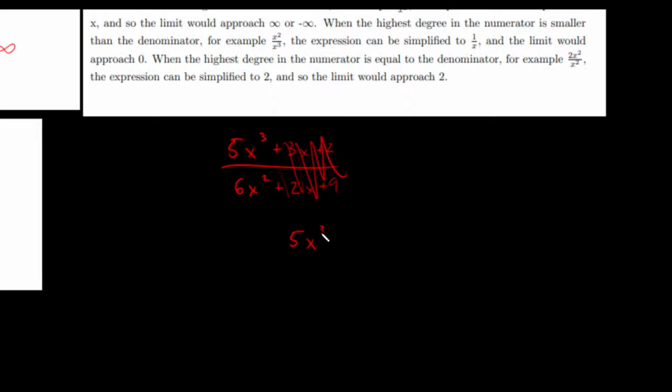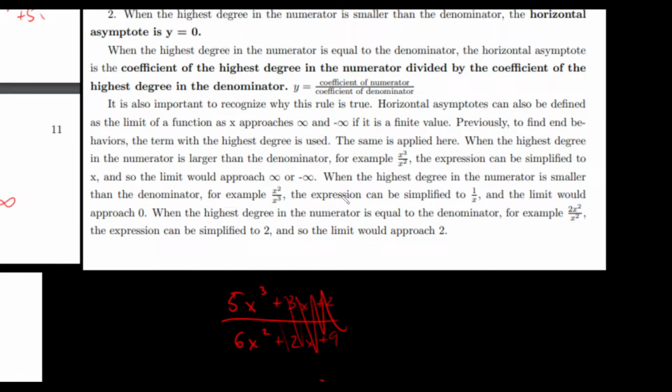So I'm only going to compare 5x to the third over 6x squared. Notice how we can simplify this to become 5x over 6. Now, as x approaches infinity, this function will also approach infinity because nowhere is this going to stop, right? So say if it's 100, 1,000, 1,000,000, it'll keep going up. There's no limit. So that means there's no asymptote.